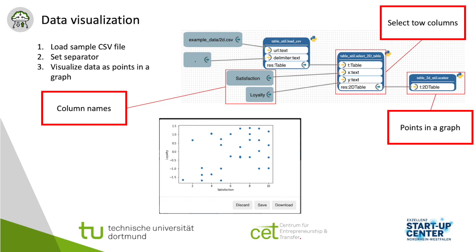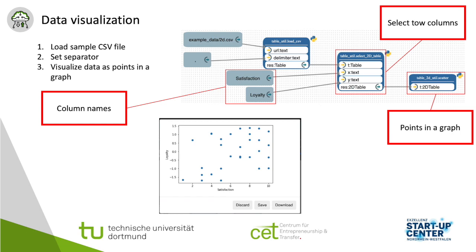The second example shows the visualization of the data as points in a graph. For this, the function scatter from the table2d folder is used, which expects a 2D table because only points in two-dimensional space can be displayed. The reduction of a general table to a two-dimensional one is done by the select2dTable function, which expects a table and two column names.